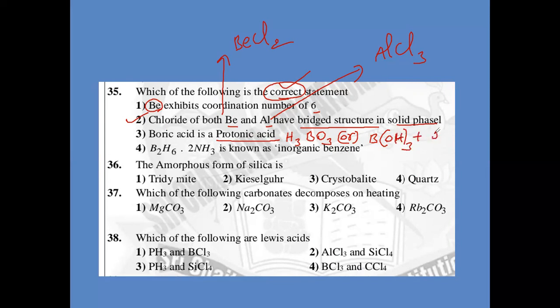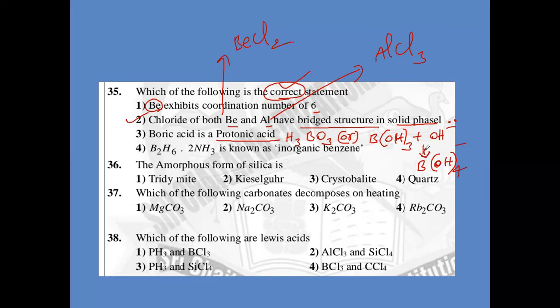It will accept the electron pair of OH-. So the B(OH)3, orthoboric acid, is acting as an electron pair acceptor. So B(OH)4- will be formed. The B(OH)3 will convert into B(OH)4- ion.